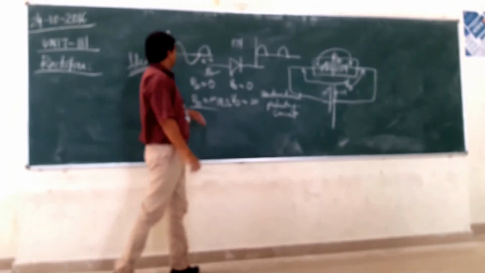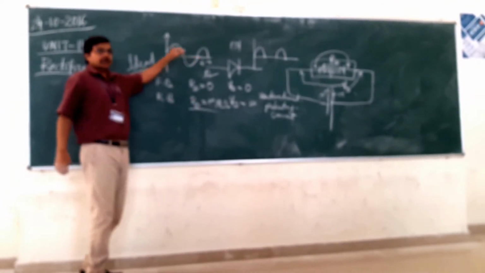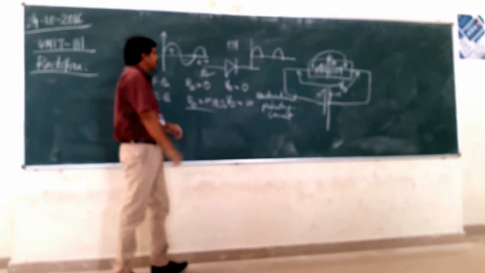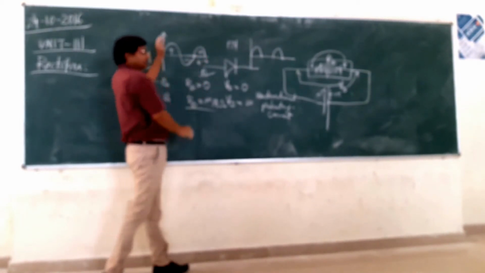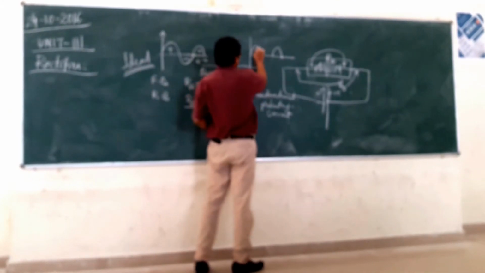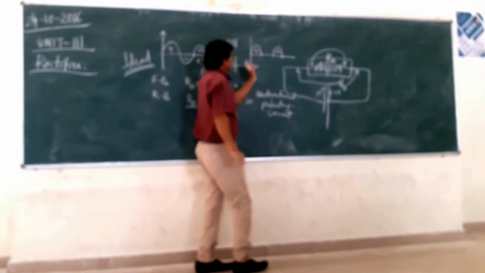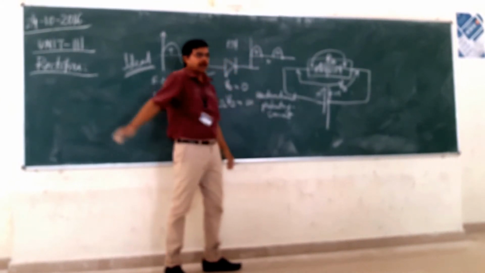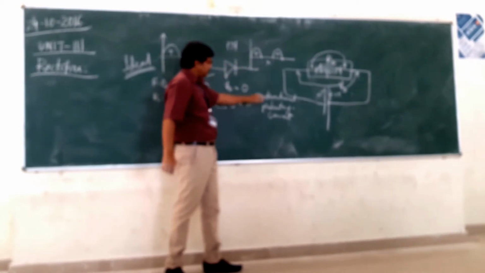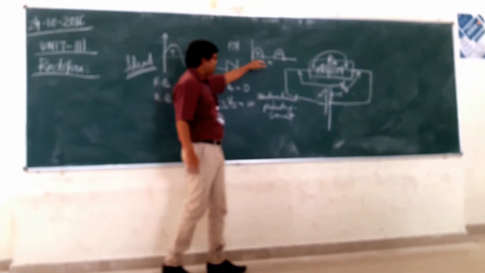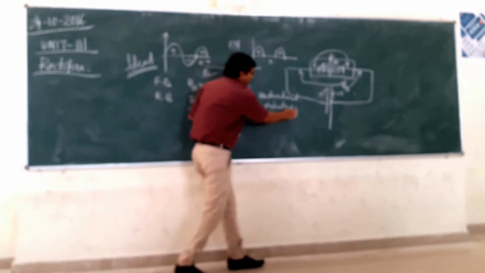Here AC means alternating current. You have a positive cycle, a negative cycle, a positive cycle, alternating, so it is bidirectional. But the diode will conduct only during the positive cycle. In the negative cycle it will not conduct. So the input is bidirectional, and the output is unidirectional.